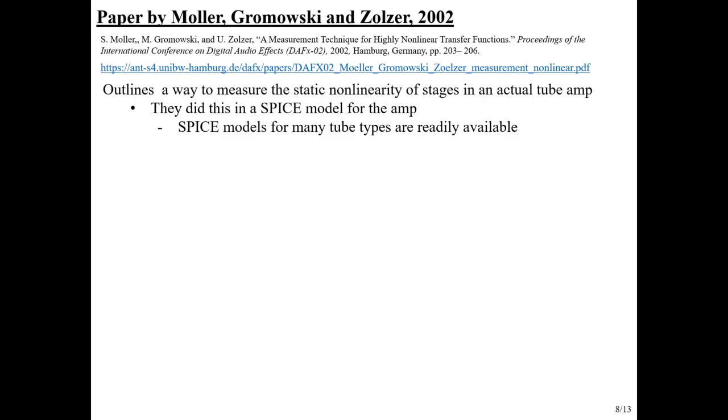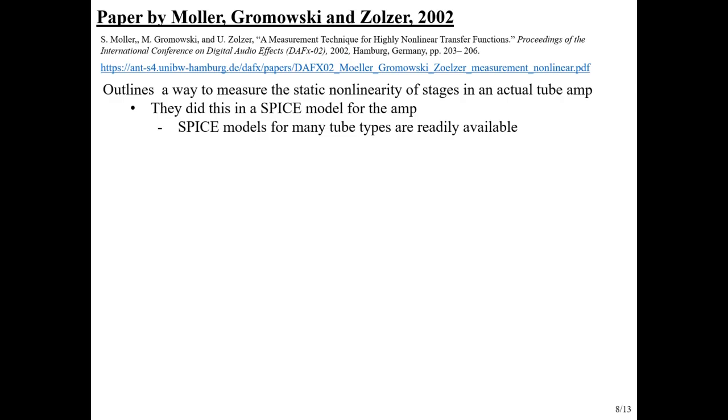So they did that, and then they applied their measurement technique, and they have a very specific way of measuring these nonlinearities. And we'll talk a little bit about that later on as well, although we really already talked about that. Back in Unit 1, we talked about how to measure the impulse response as well as nonlinear impulse response components of a system.